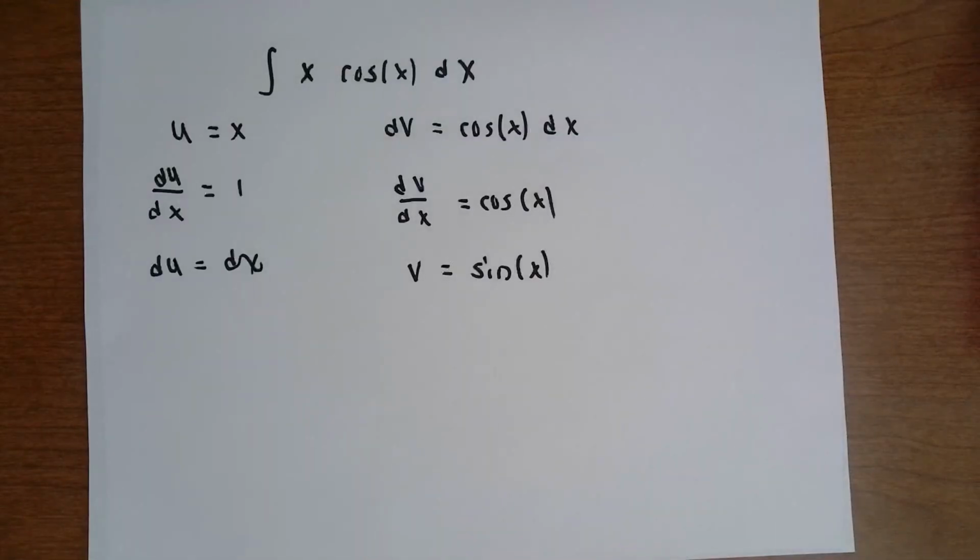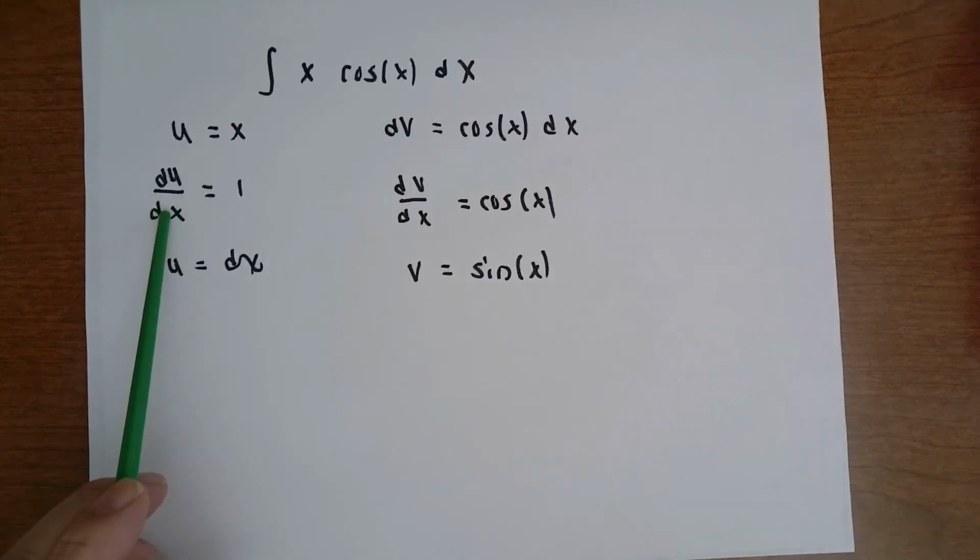In view of what happened when we made the bad choice on the previous example, I know that I don't want to let dv be x dx because that'll make the integral more complicated instead of less so. If this plan has a chance of working, I should probably make u equal to x.